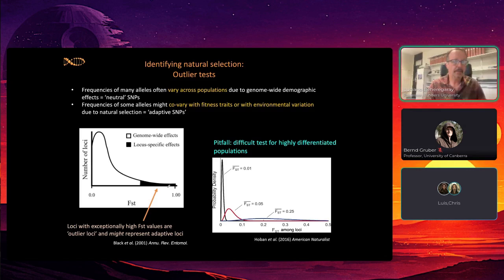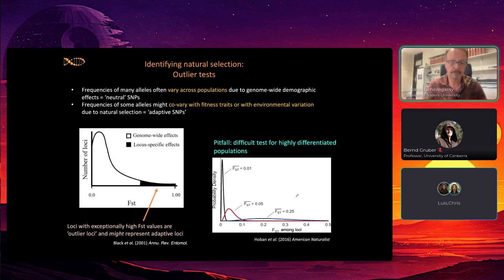There's an important thing to consider here: these outlier tests tend to work okay for species that are highly connected, but not really for species that are very well structured, that evolve genetic differentiation over space very rapidly, which is the case of most threatened species out there. You can see the reasons in this simple plot. We have FST among loci as a function of the probability of FST values that you find for 3 species.